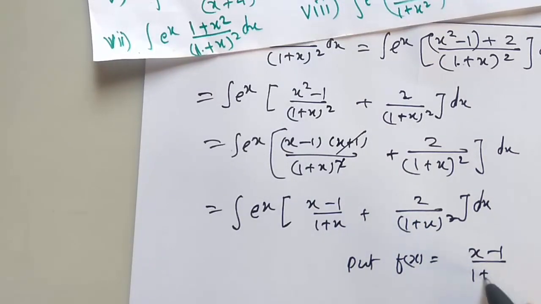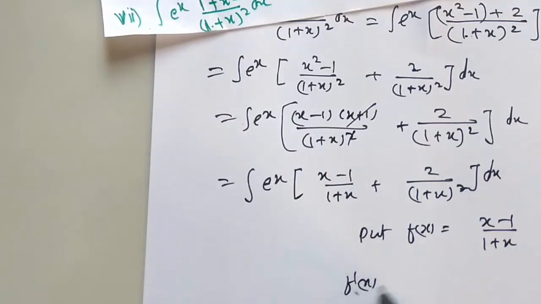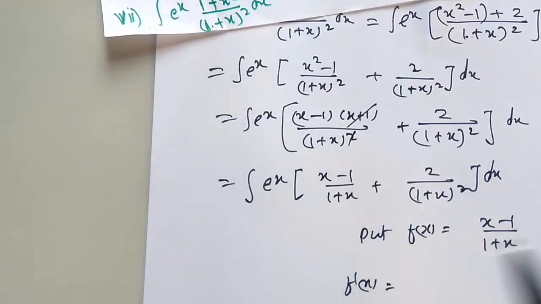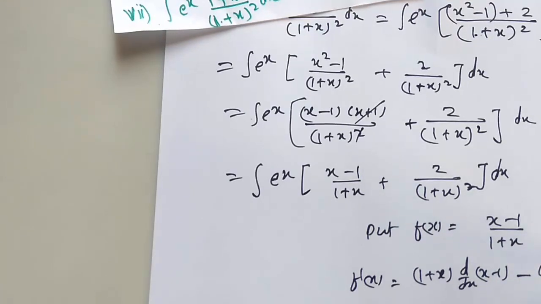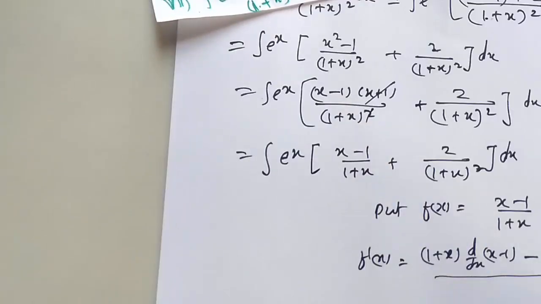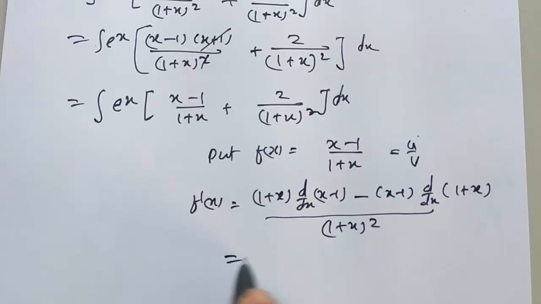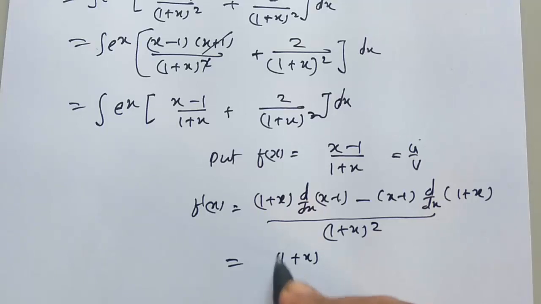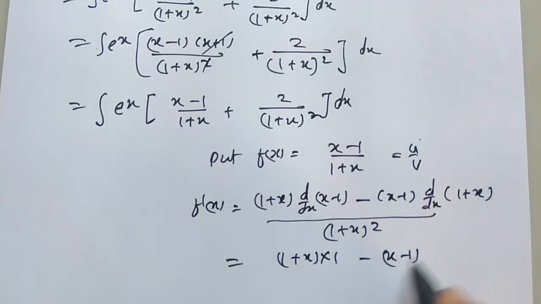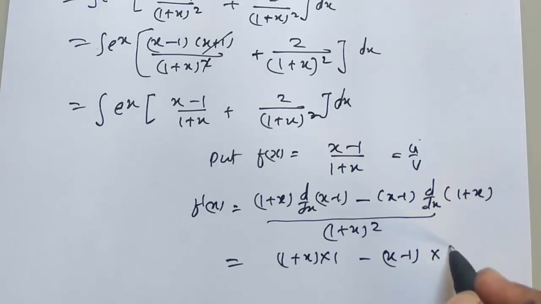Put f of x is equal to (x minus 1) upon (1 plus x), then its derivative f dash of x is, using u upon v, v into derivative of u minus u into derivative of v upon v square. That is (1 plus x) into derivative of (x minus 1), minus (x minus 1) into derivative of (1 plus x), upon (1 plus x) whole square. The derivative of x minus 1 is 1, and the derivative of 1 plus x is also 1.